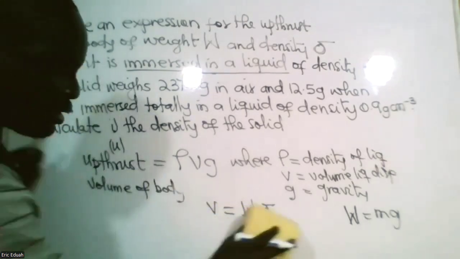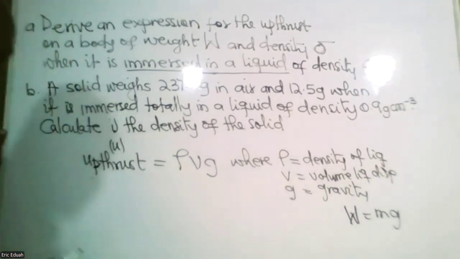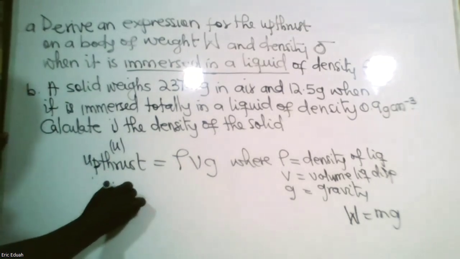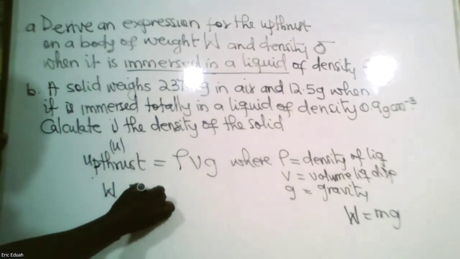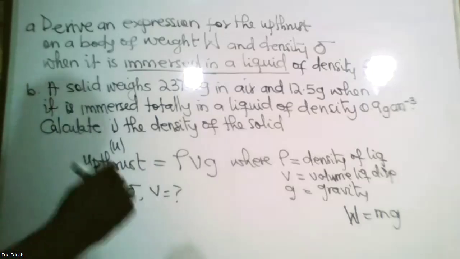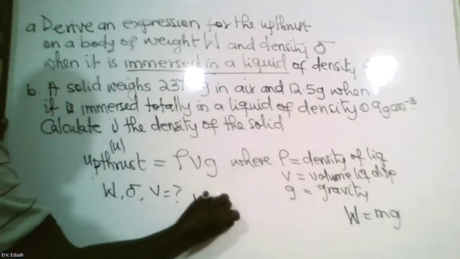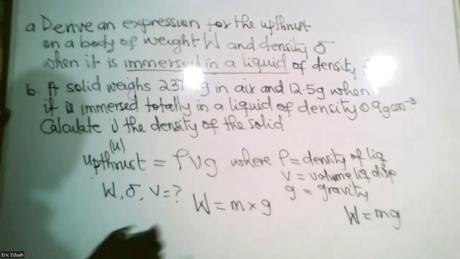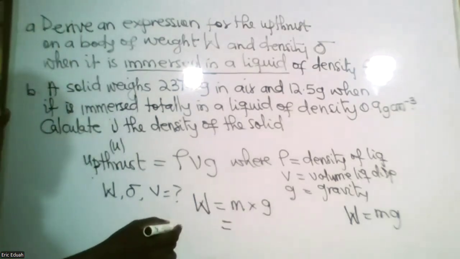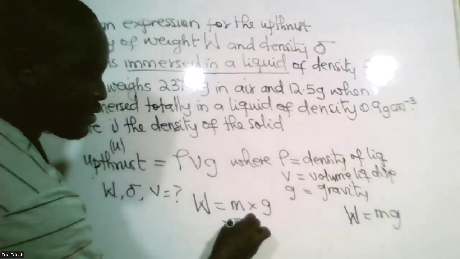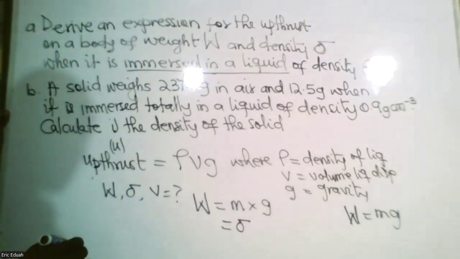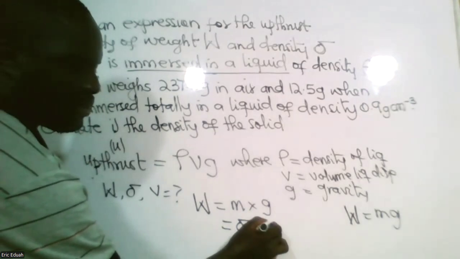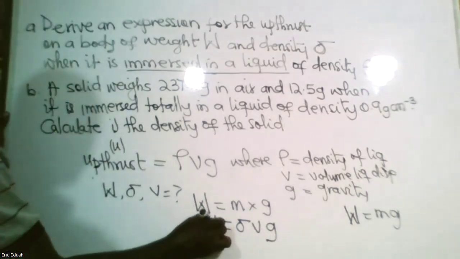Okay, so let's see. Whatever you had, you mark yourself. I have the weight of the body, I have its density, and I'm looking for volume. So weight is equal to mass times gravity. Mass is density times volume. So density of the body times the volume of the body multiplied by gravity would give me the weight W given.